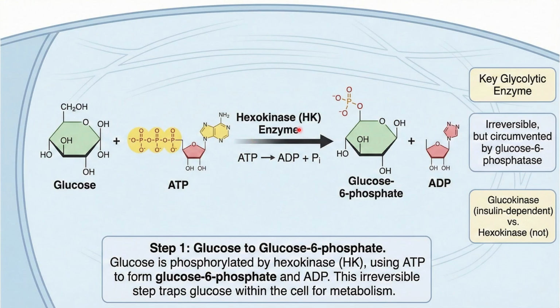We have just heard that it is catalyzed by the enzyme hexokinase. There is another enzyme called glucokinase. Hexokinase is not induced by insulin, whereas glucokinase is induced by insulin. That is the first difference. Then hexokinase is inhibited by feedback inhibition of glucose 6-phosphate. That means if glucose 6-phosphate levels are high, it inhibits the hexokinase enzyme.